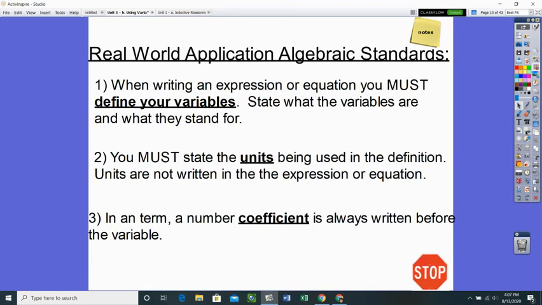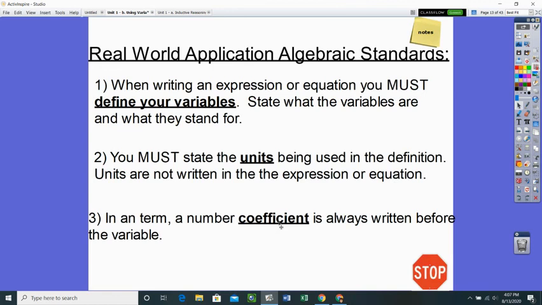Number two, when you're defining variables, your units, $, inches, meters, pounds, those kind of things have to be in your definitions, but they're not written in the equation. And then finally, in a term, make sure you always put the number in front of the variable when you're multiplying. That's called the coefficient.